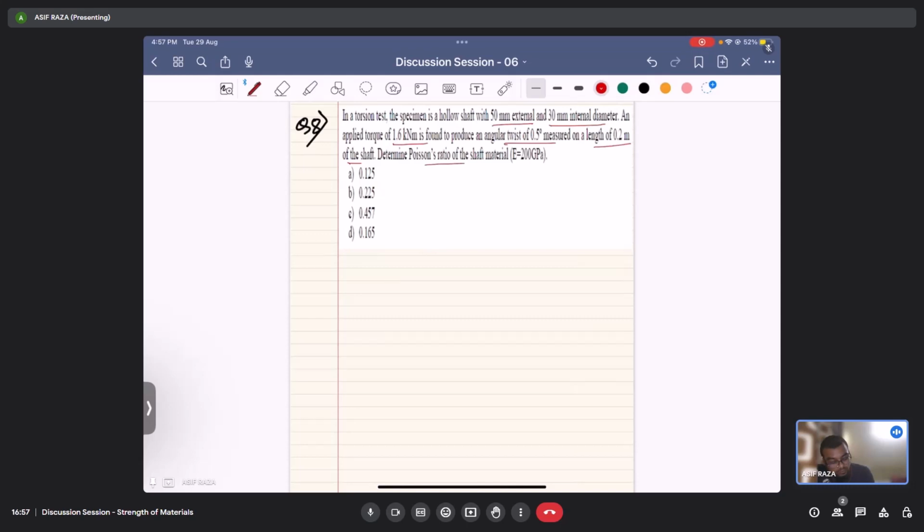Determine Poisson's ratio of the shaft material with the given Young's modulus of elasticity of 200 gigapascal. The options are option A 0.125, option B 0.225, option C 0.457, option D 0.165.